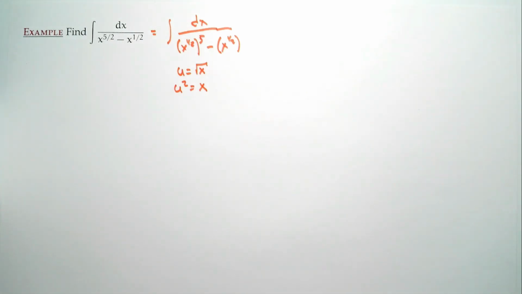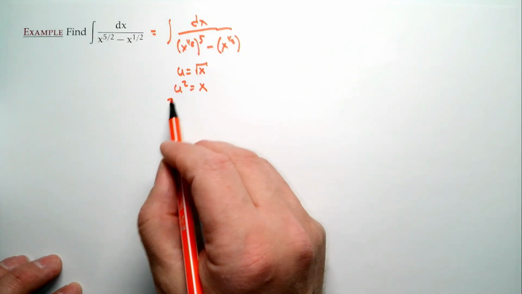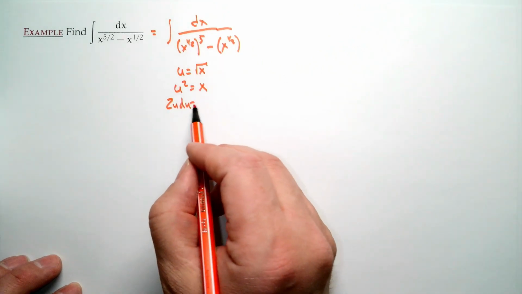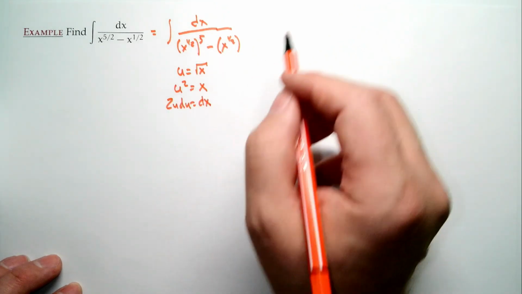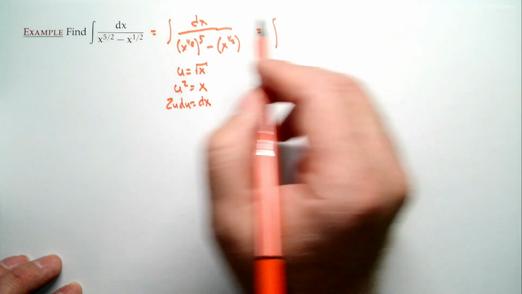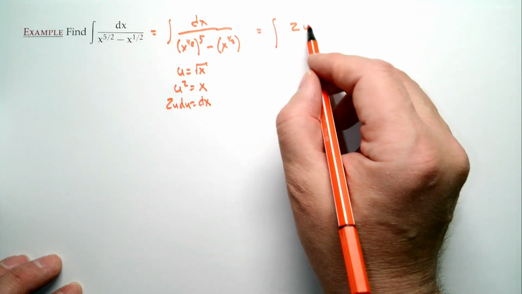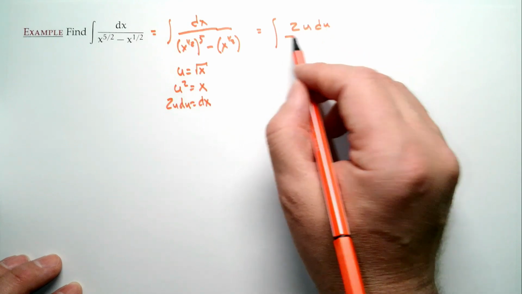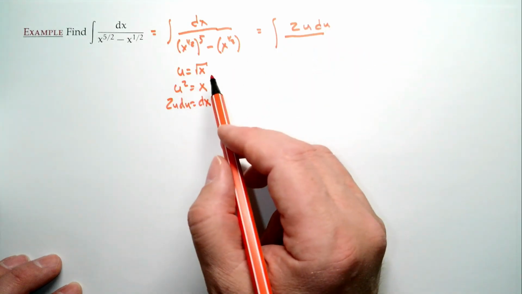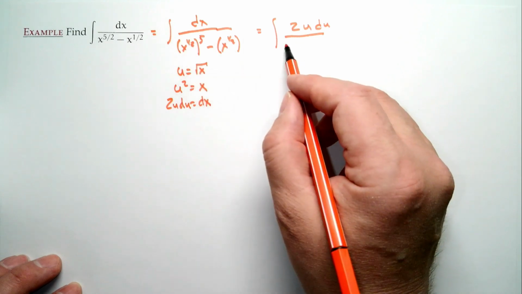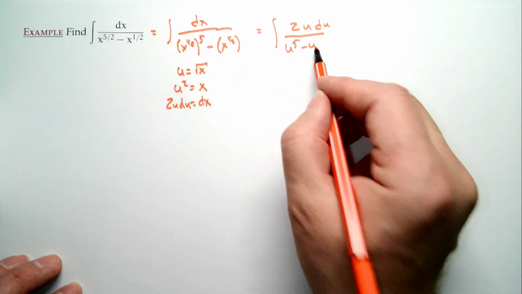All right, now I'll take the derivative of that expression. 2u du is dx. So that says the upstairs, the dx, becomes 2 times u times du. The downstairs becomes u to the 5th minus u.